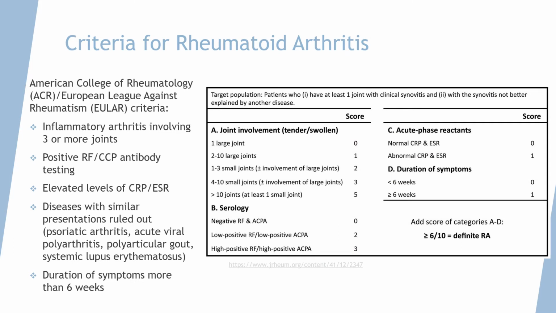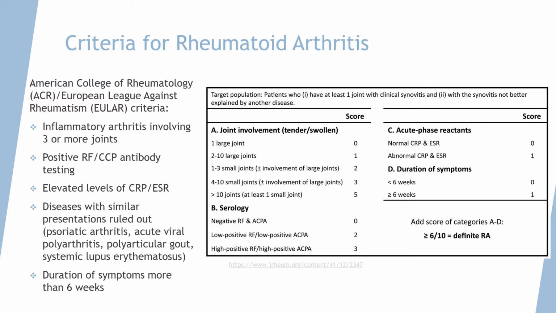The criteria for diagnosing rheumatoid arthritis were created by the American College of Rheumatology and the European League Against Rheumatism. The criteria involve inflammatory arthritis, how many joints are involved, the RF and anti-CCP testing that we talked about, the acute phase reactants CRP and ESR, and the duration of symptoms.